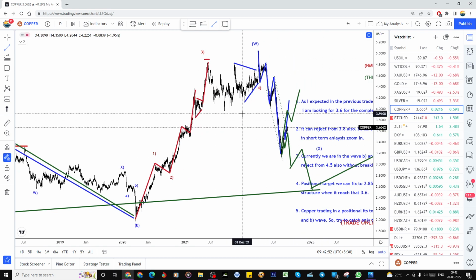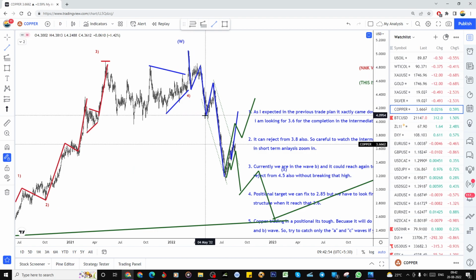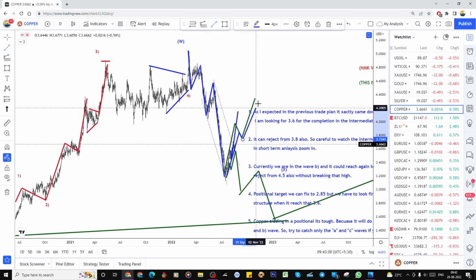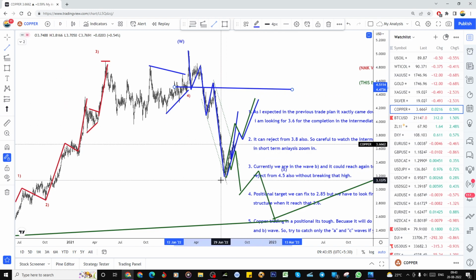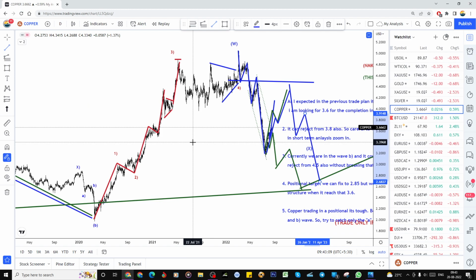That is possible. And if this is the ABC, and this is the C wave, this could be the W. So again we can expect this three-wave structure to reach this zone. After that, this is the W, this is the X, and again one more three-wave structure I'm expecting.